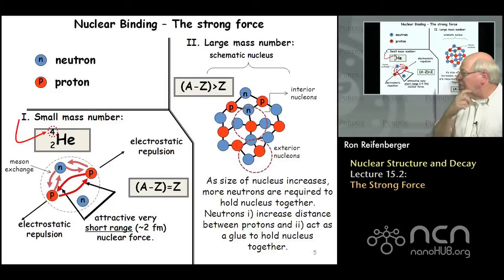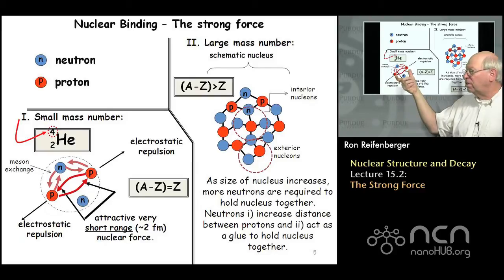So what you tend to find is that for small nuclei, the number of protons and the number of neutrons tend to be about equal, right? And we know that these nucleons exert very strong nuclear forces between the nucleons. In fact, the neutrons are incorporated into the nucleus in order to help bind the nucleus together, right? They help overcome this very strong repulsive force between the positively charged protons.